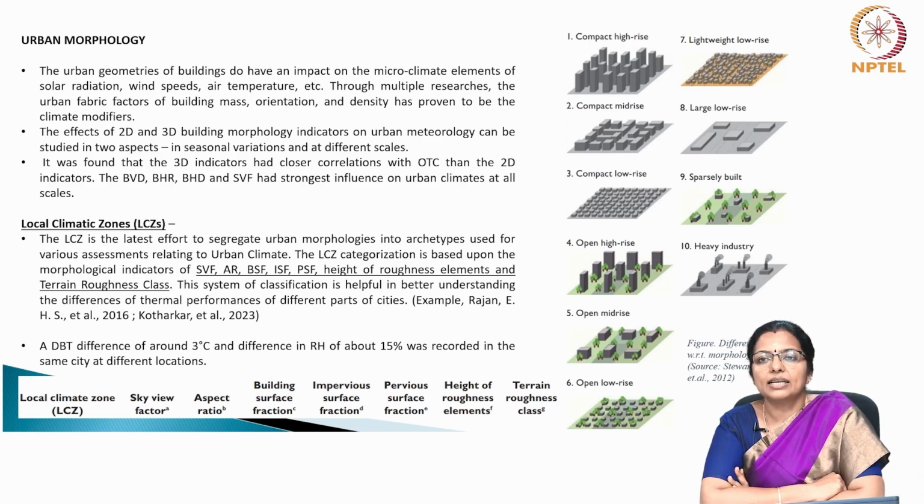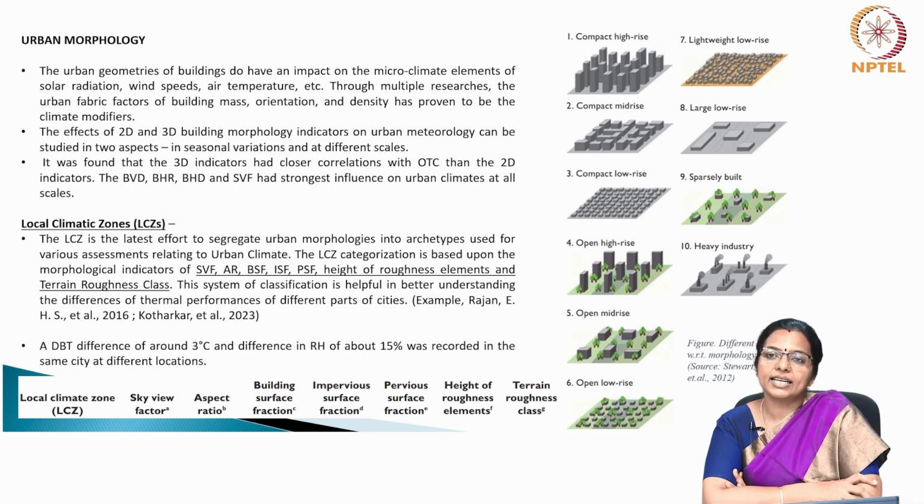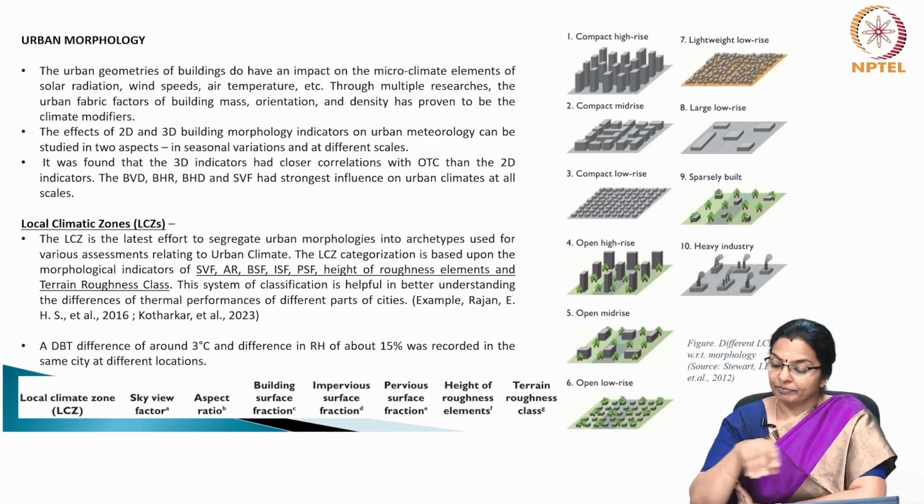This classification system helps in better understanding the differences in thermal performance of different parts of the city. A dry bulb temperature difference of about 3 degrees centigrade and a difference in relative humidity of about 15% was recorded in the same city at different locations.